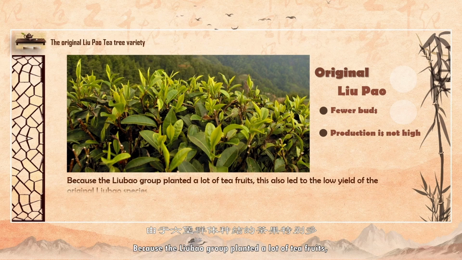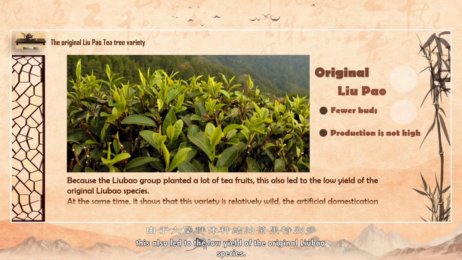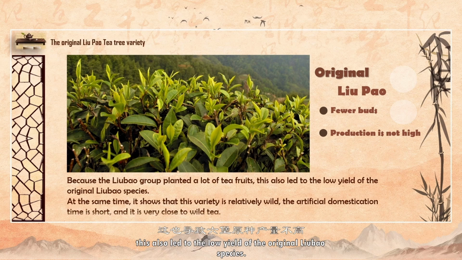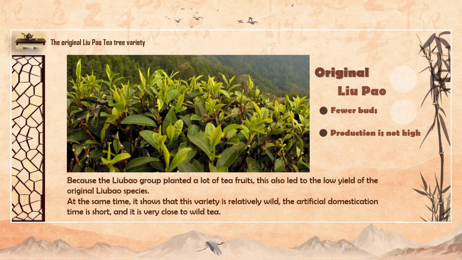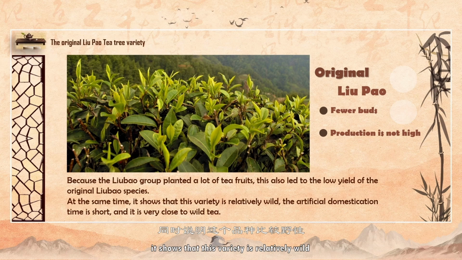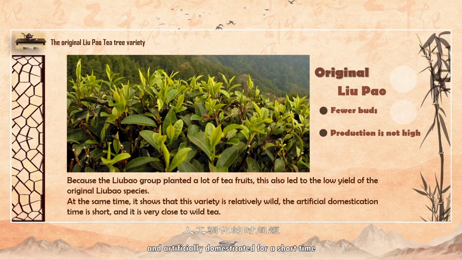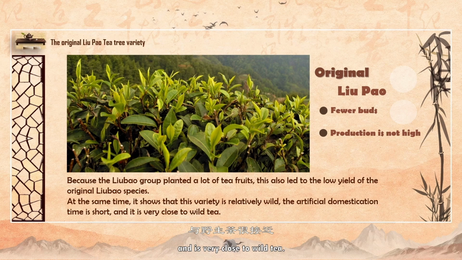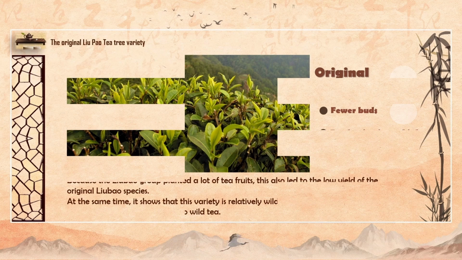Because the Liu Bao group planted a lot of tea fruits, this also led to the low yield of the original Liu Bao species. At the same time, it shows that this variety is relatively wild, artificially domesticated for a short time, and very close to wild tea.